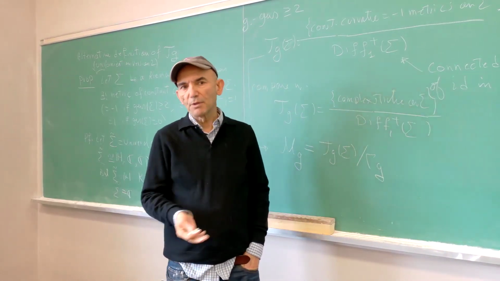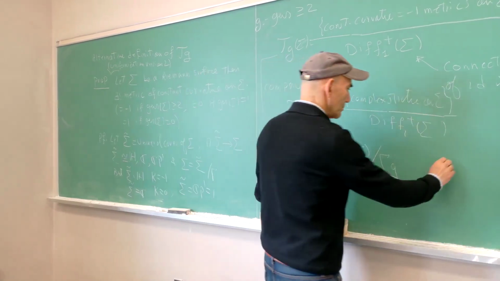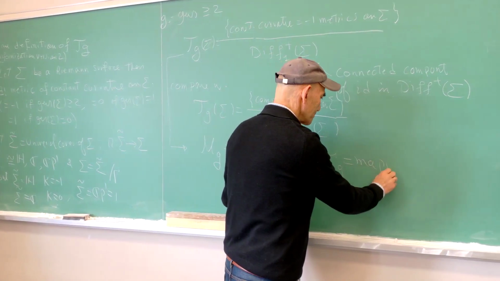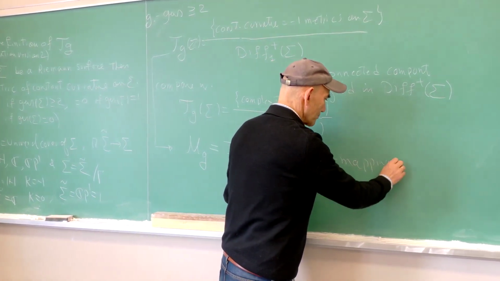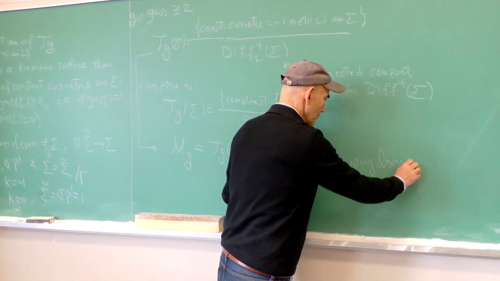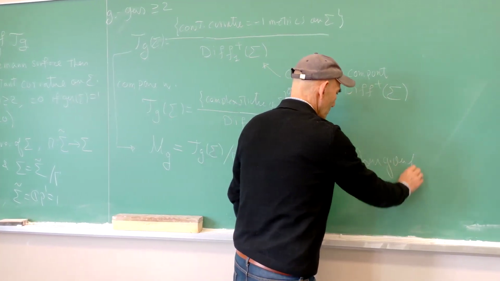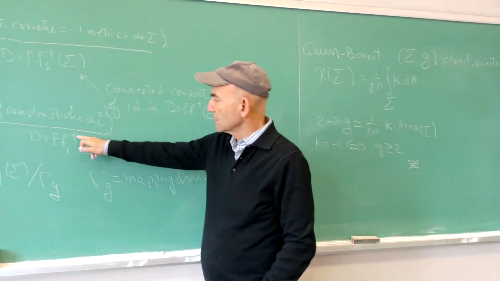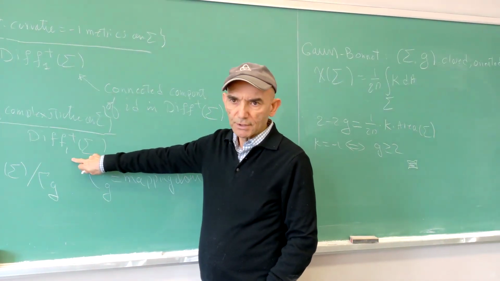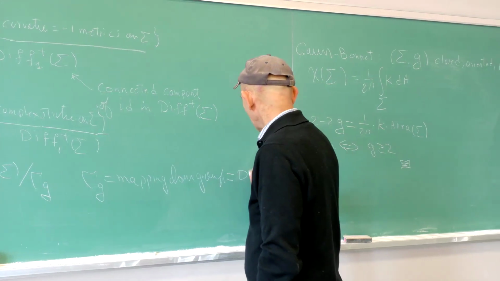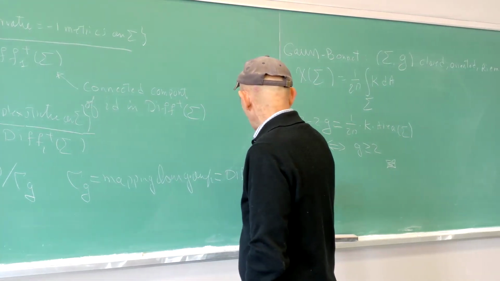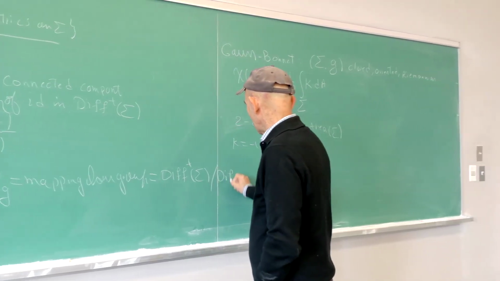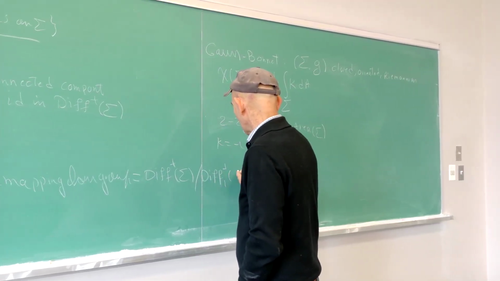But this Gamma_g is the mapping class group, which is of course this group divided by the connected component of identity, that is Diff(sigma) divided by Diff_+(sigma).